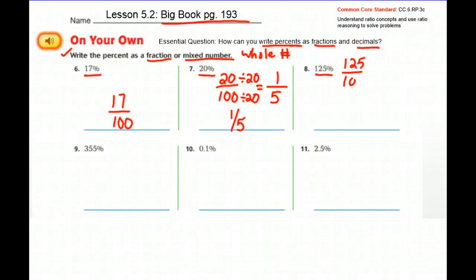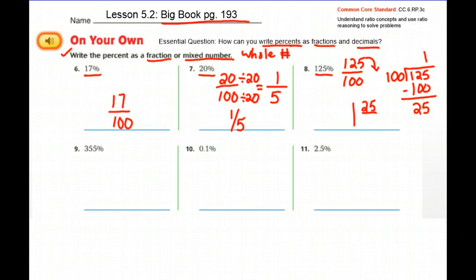I'm going to notice that I have a top-heavy fraction, so I'm going to divide 100 into 125. 100 goes into 125 one full time. Multiply, subtract down, I got a 25 as a remainder. So when we write this as a mixed number, we're going to write this as 1 whole, 25 as your remainder over 100. And then that also reduces down to 1 1/4.